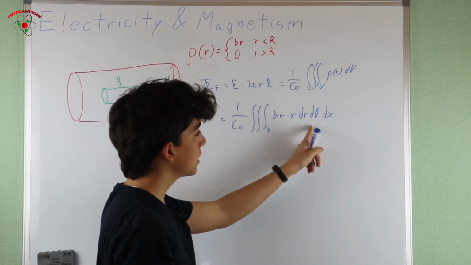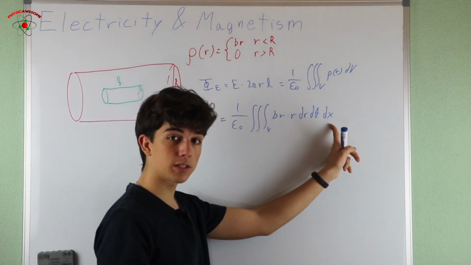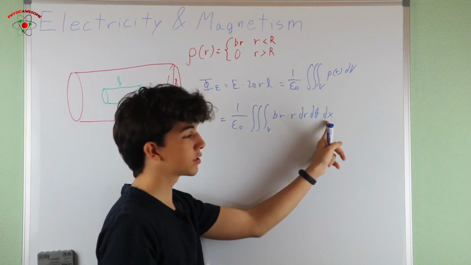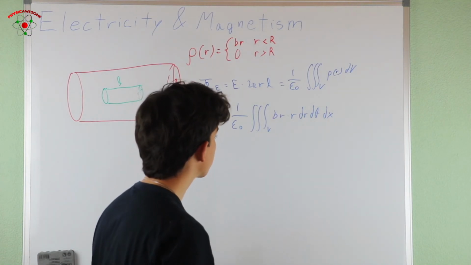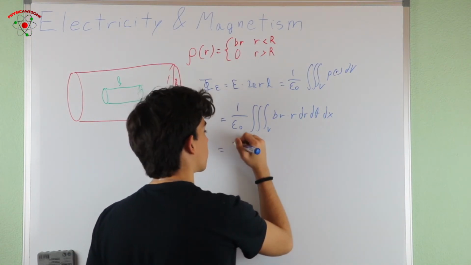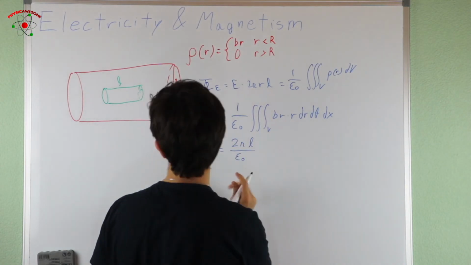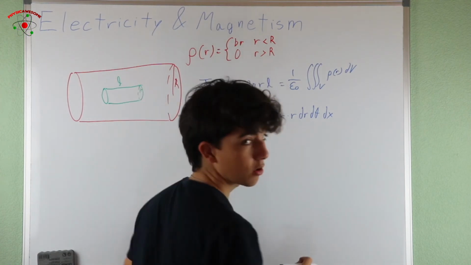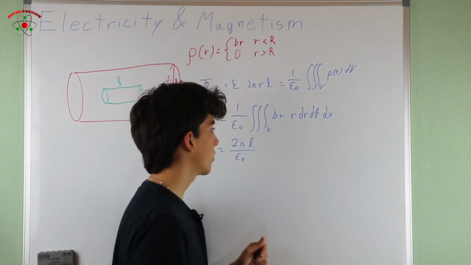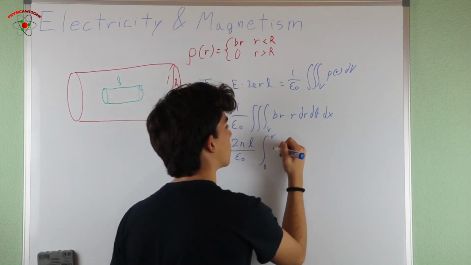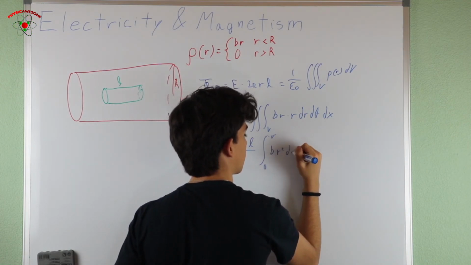So for d theta and dx, it's going to be pretty straightforward. That's going to be 2 pi, and that is going to give us an L factor. So we're going to have 2 pi L over epsilon naught, because we're integrating from here to here and all over the angle theta. It's going to be the integral for r from 0 to r of B r squared dr.